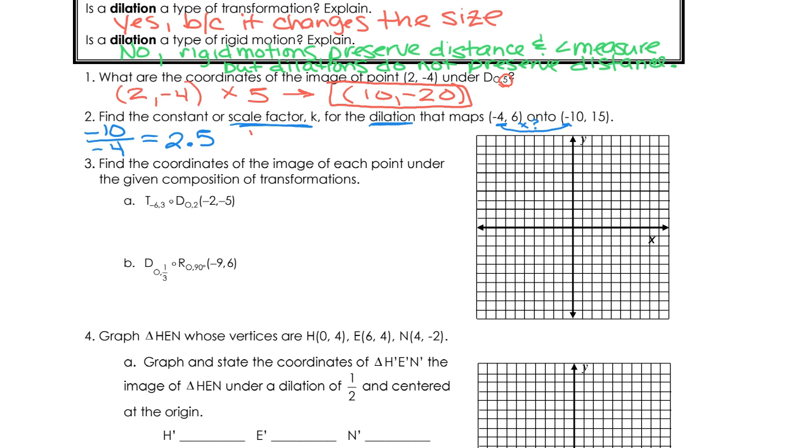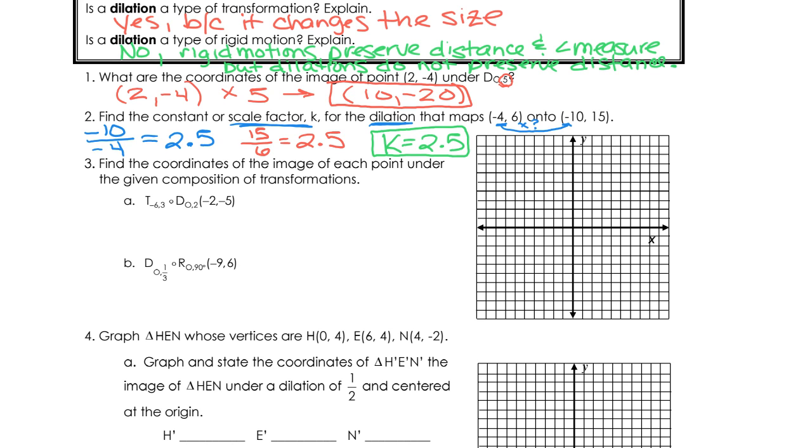So if I take my new y coordinate and I divide it by my old y coordinate, that should produce the same exact number. And that way you can have a little bit more confidence of saying that your scale factor, or your k, is 2.5. That's the number you are multiplying by, meaning that the sides in your triangle or your figure are getting 2.5 times bigger than what they used to be.